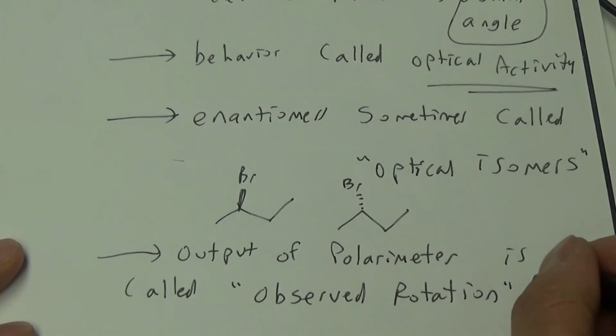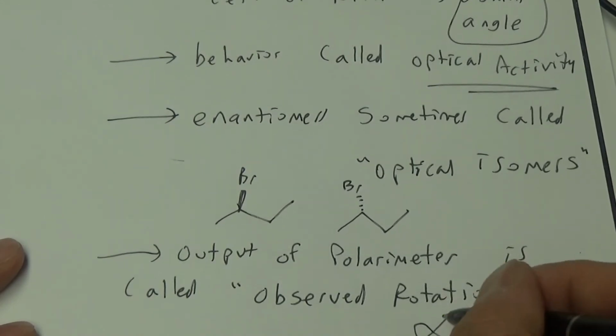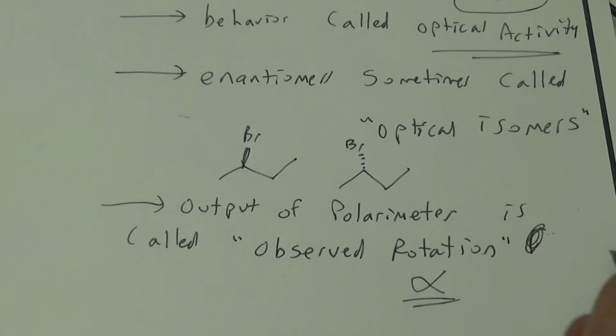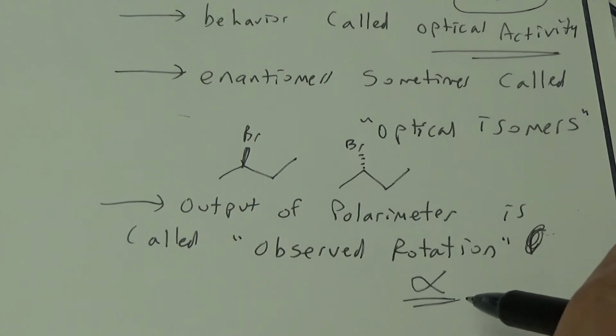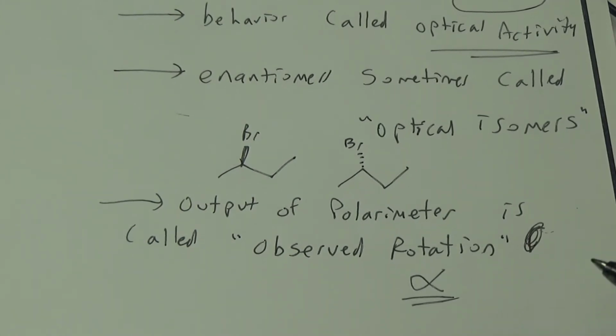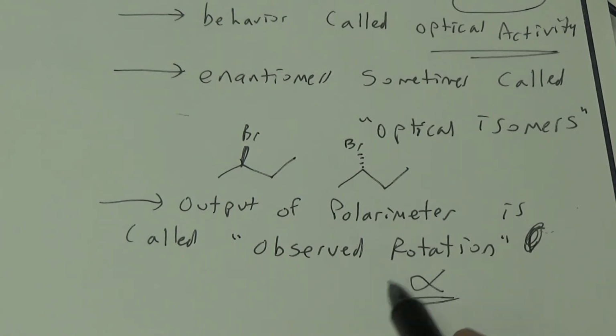And it's alpha, right? So the value we get is called alpha, and it's called the observed rotation. Now we take the observed rotation and we normalize it. We apply a little bit of formula, and that gives us a universal measure.